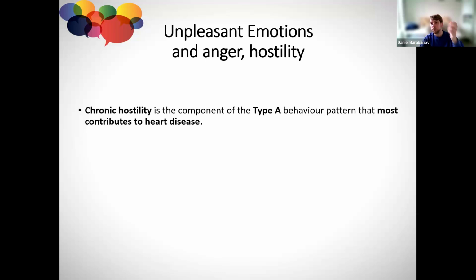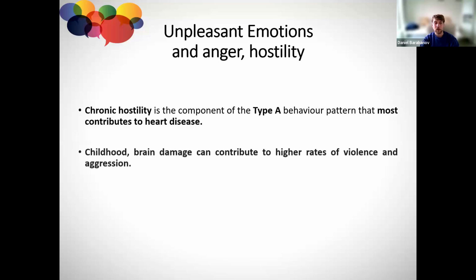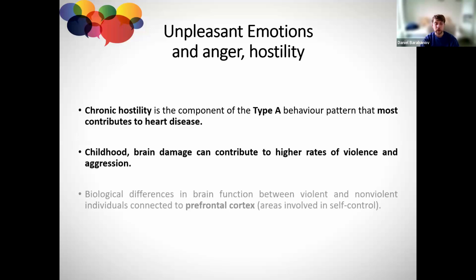So type A behavior is not good for health and not good for social communication either. People also might be hostile not because they have type A behavior, but because they might have a brain injury. So childhood brain damage can contribute to higher rates of violence and aggression in adult age. So sometimes it's connected with neurological trauma.